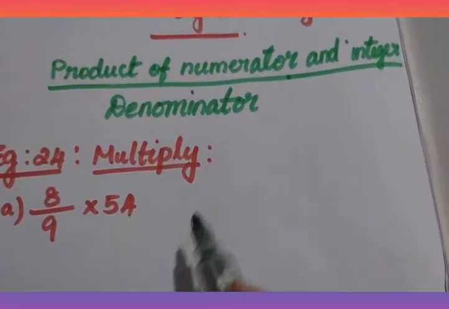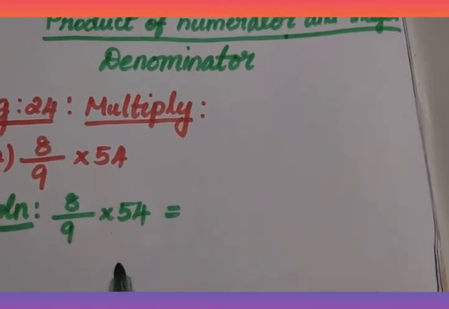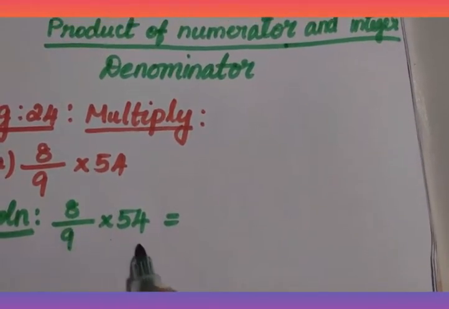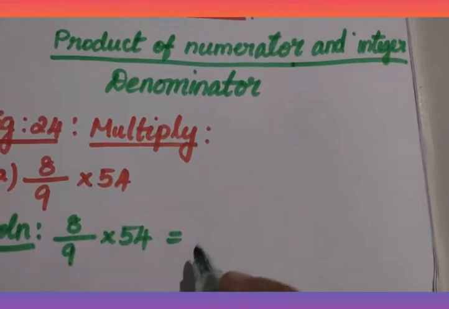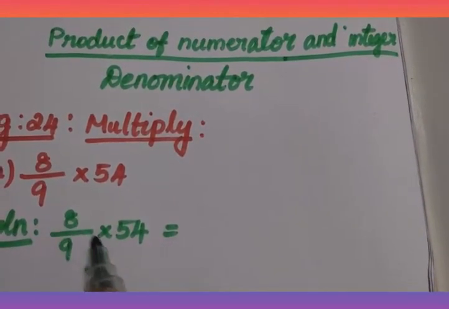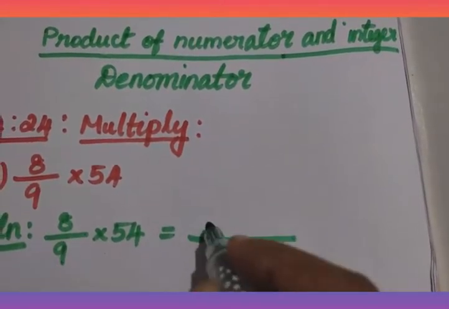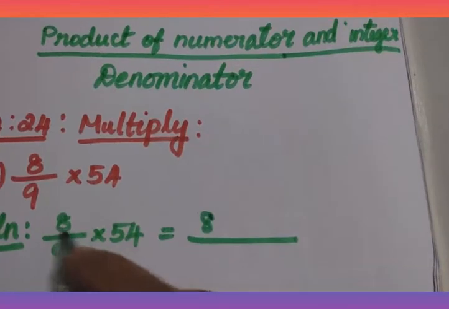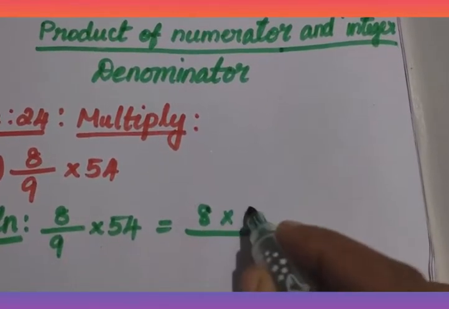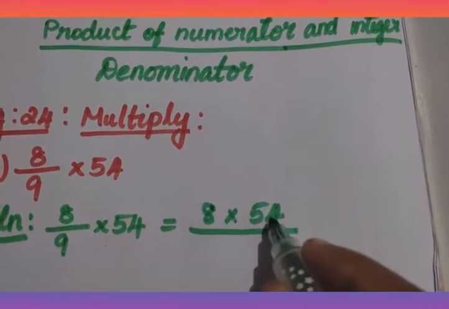So here we can write the answer step as 8 by 9 into 54 equal to the product of numerator and integer. Here the numerator is 8, isn't it? The integer is 54. So in the numerator part, we find the product of this numerator and integer.